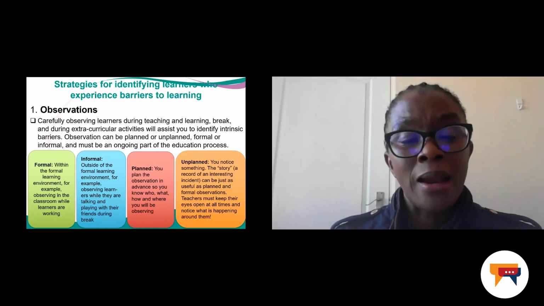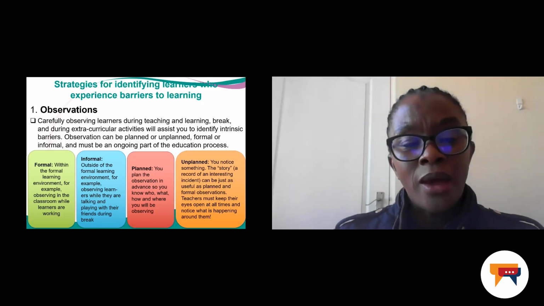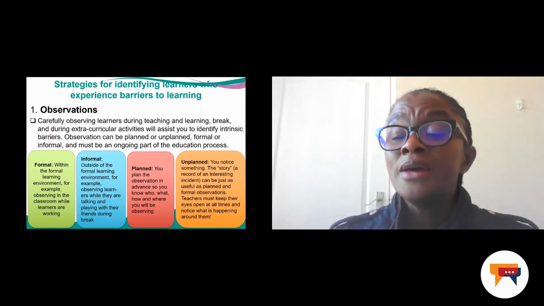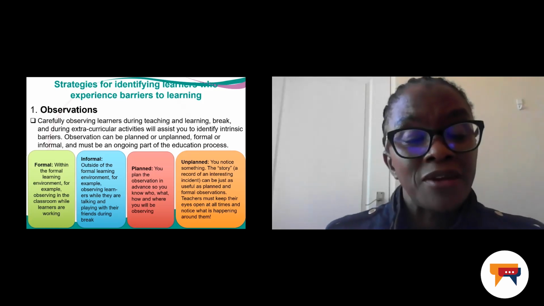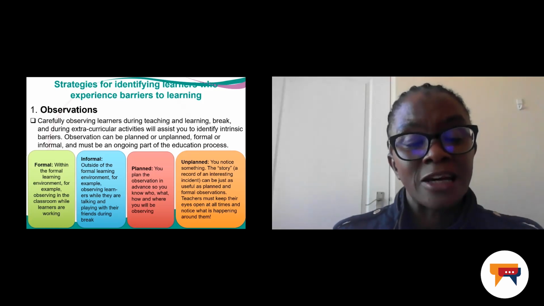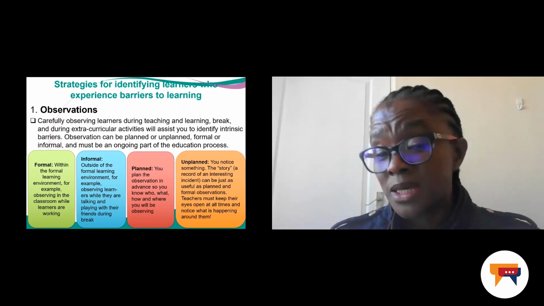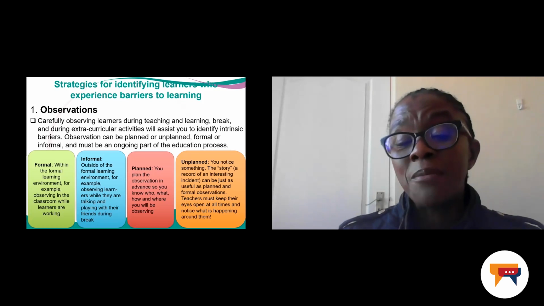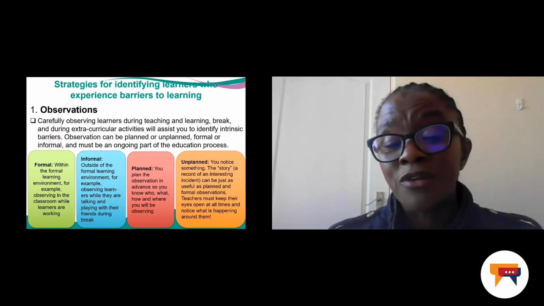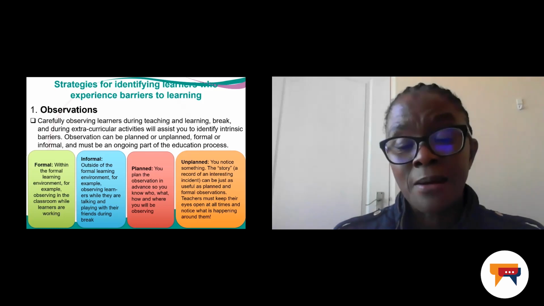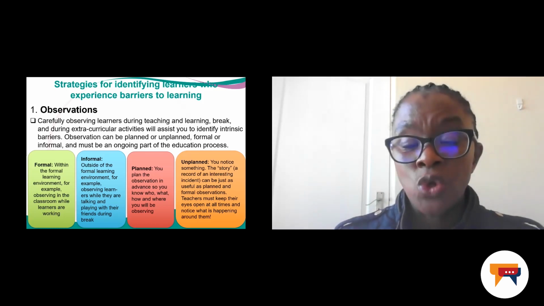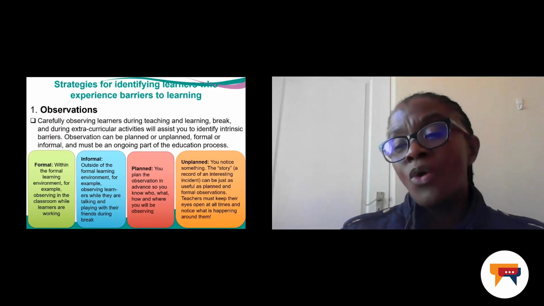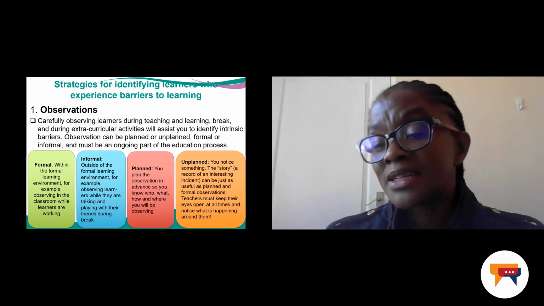In observation, we have 4 types. We have formal observation, which is done within the formal learning environment, for example, observing in the classroom while the learners are working. Then we have informal observation, which you can do outside of the formal learning environment, for example, observing learners while they are talking, while they are playing with their friends during break, or during extramural activities.